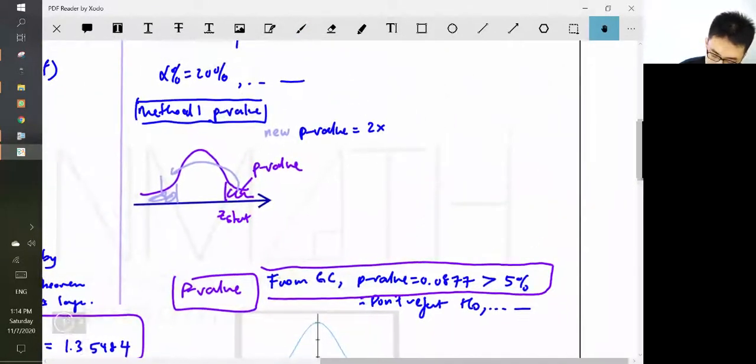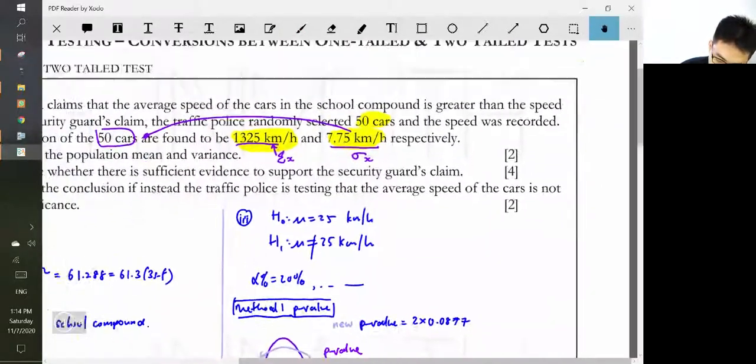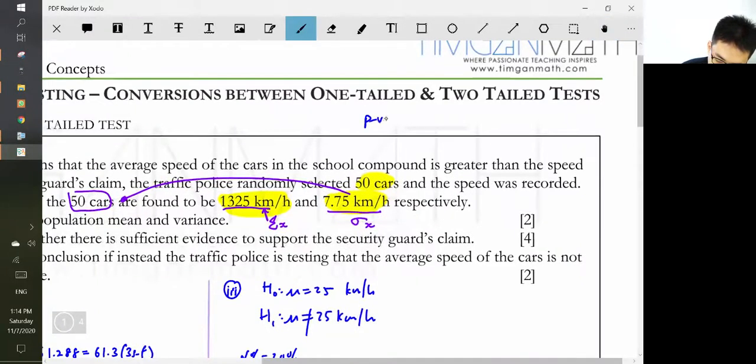So it's 0.0877. If you want to use the p-value method, just remember the p-value for one tail and the p-value for two tail. If everything stays the same, meaning the sample size is the same, you multiply by 2 and you get the two-tail p-value.